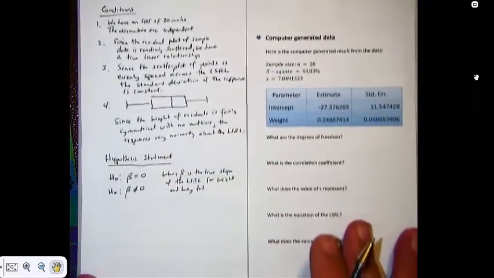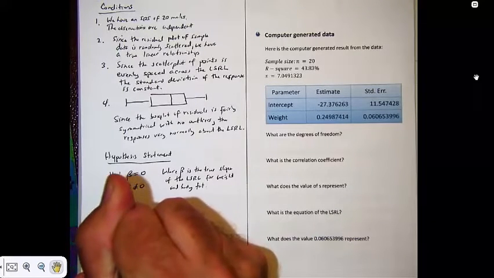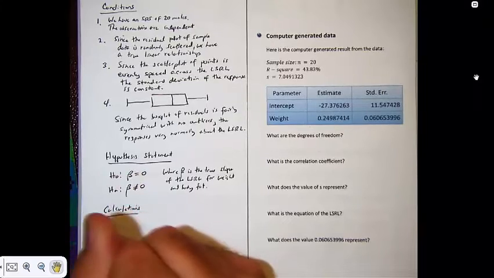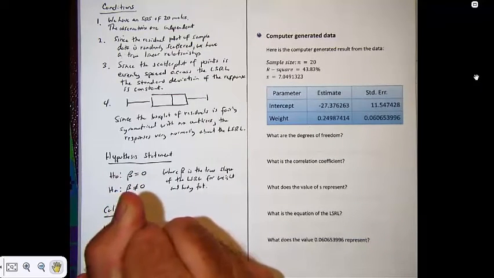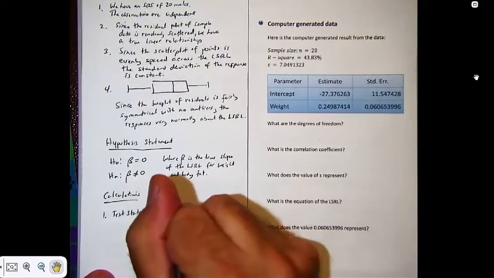Now let's go ahead and do our calculations. Once again, our calculations come in two pieces. Let's begin with the test statistic value. Our test statistic value, once again, is a t-test statistic value.